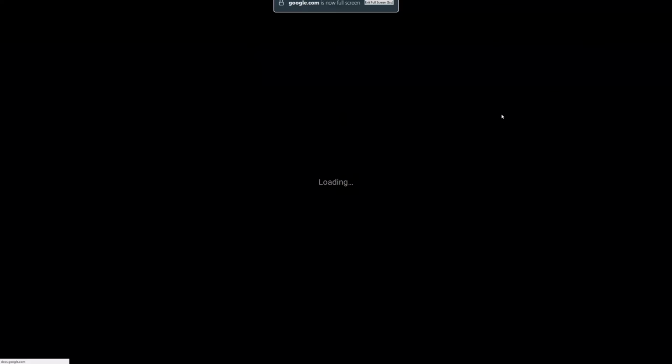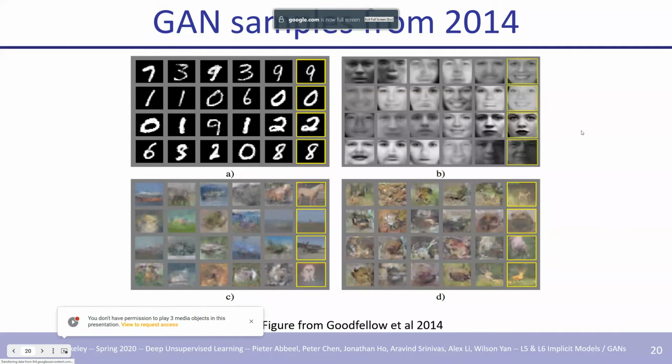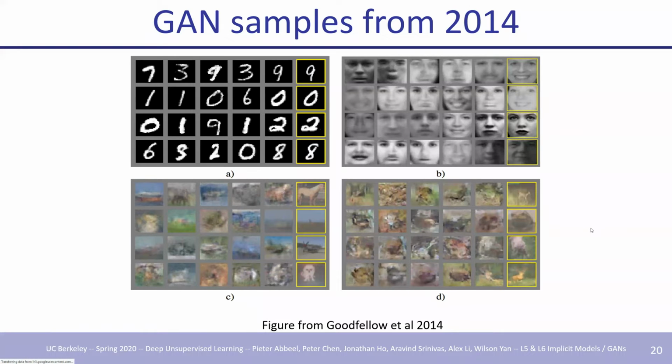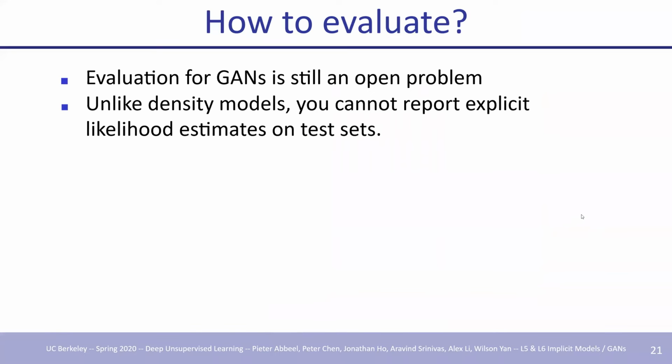So these are the GAN samples from 2014. I guess now it doesn't look that great. So the next problem that we need to think about is how do we know our GAN is doing well?